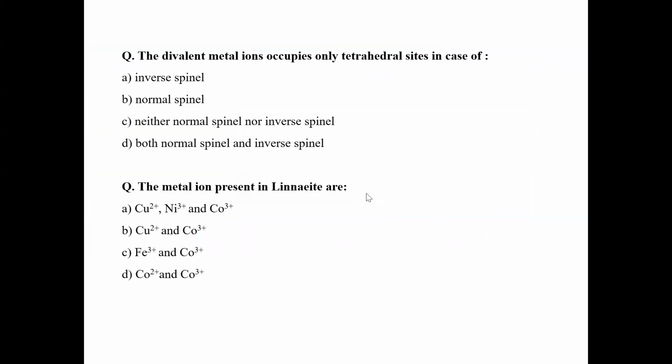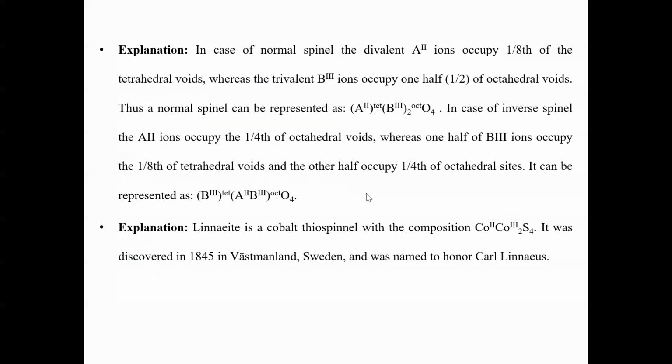And the metal ion present in linnaeite. Okay, so here is the explanation. In case of normal spinel, the divalent ions occupy tetrahedral voids, whereas the trivalent occupies the octahedral voids. So a normal spinel can be represented like this.